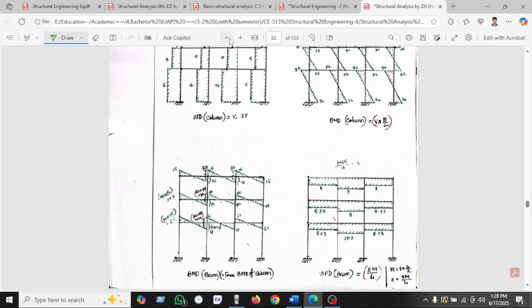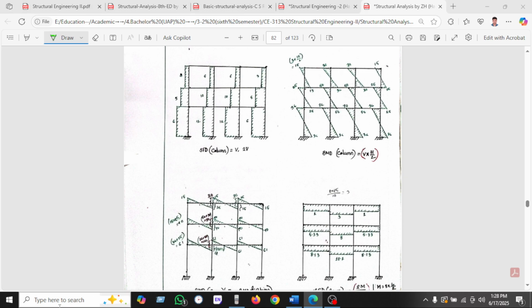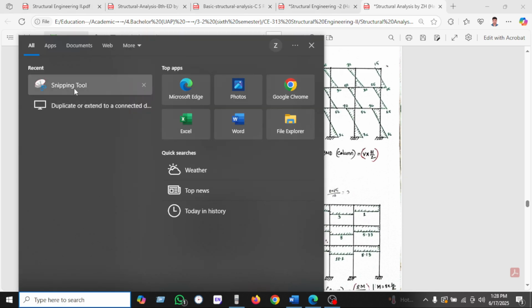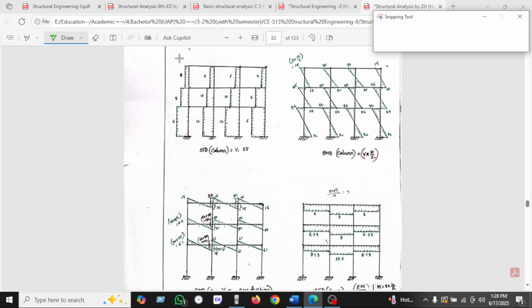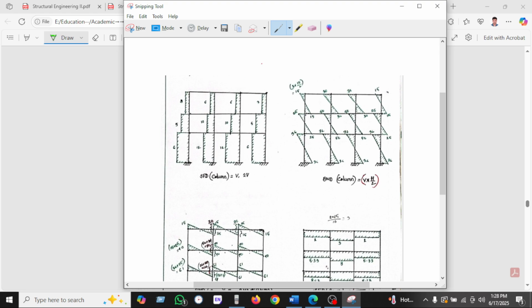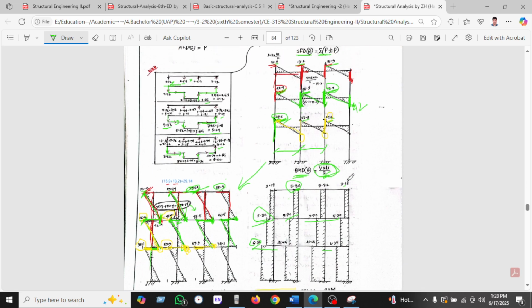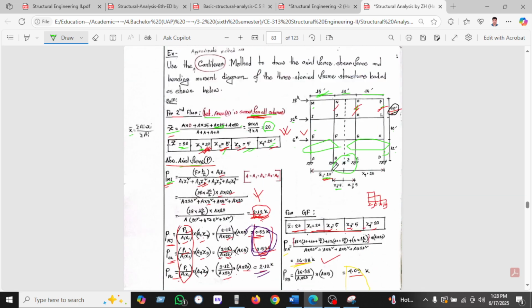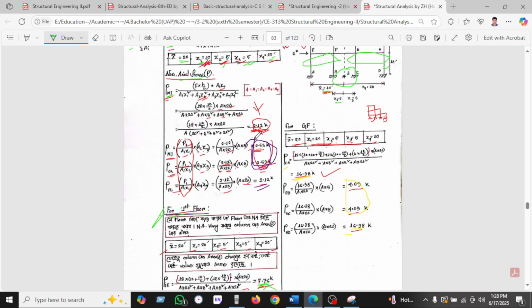I'm just taking a snapshot. Okay, so this is the portal method. Now we have seen the cantilever method.